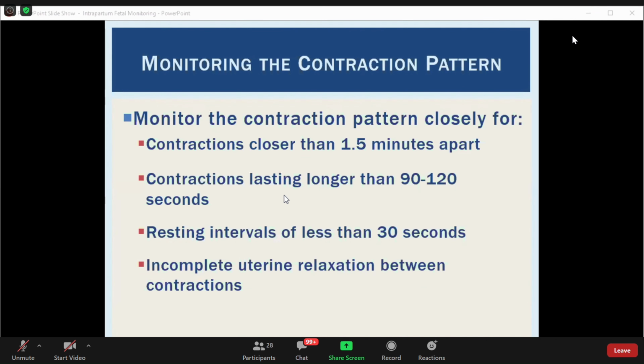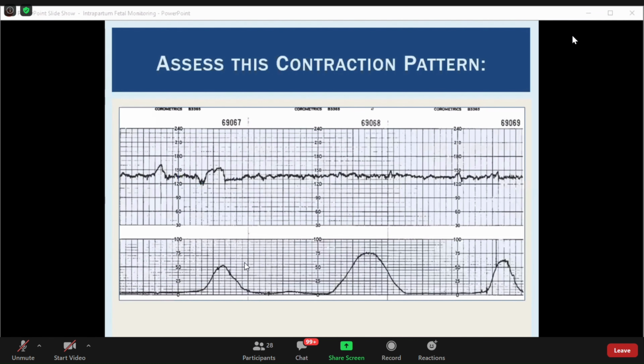All right. So when you monitor a contraction pattern, this is what I want you to monitor for. The contractions should not be closer than 1.5 minutes apart, right? When you look at them again, you need to count your boxes so that you're making sure that there is adequate resting interval.